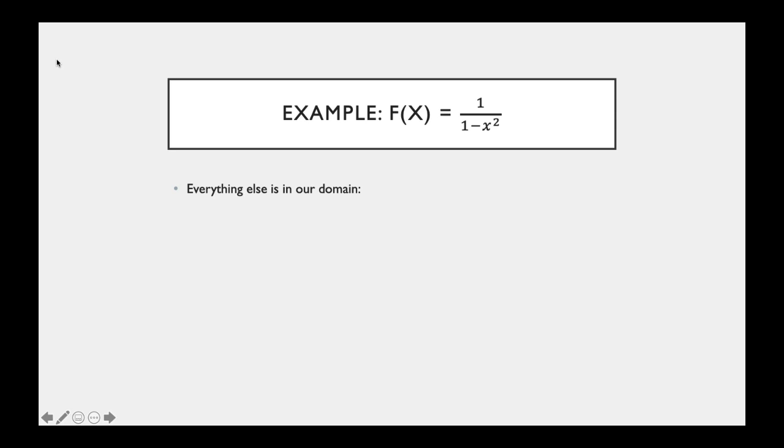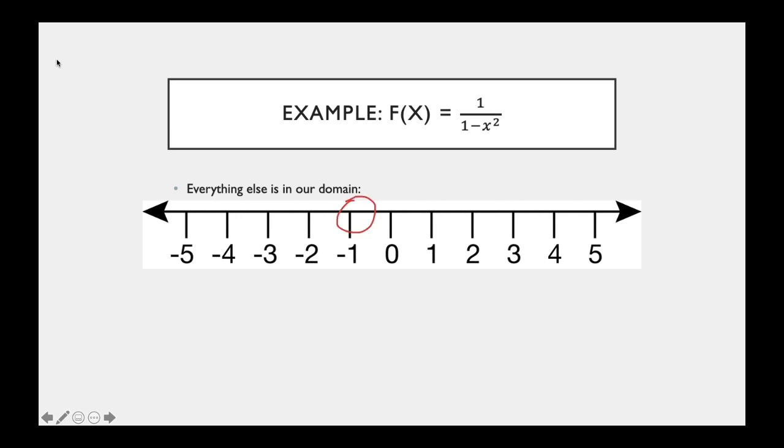In order to do that, let's look at a number line. We're going to say not -1 and not 1, but everything less than -1, everything in between them, and everything greater than 1. To write this, we do negative infinity to -1, which gets all the lower ones. We use a parenthesis on -1 because we're not including it. Then we union that with -1 to 1, again with parentheses because we're not including those.